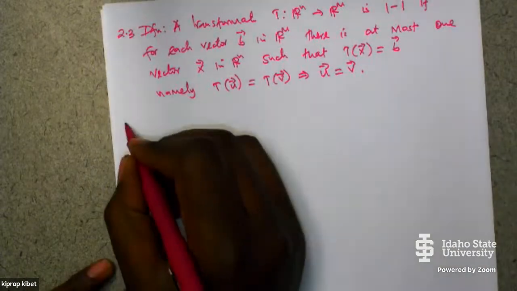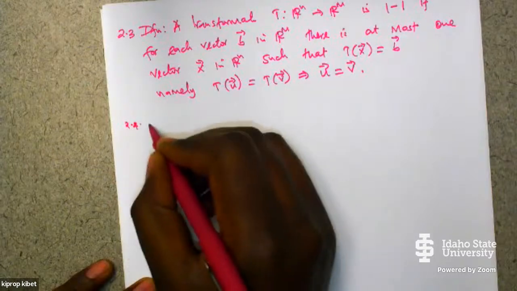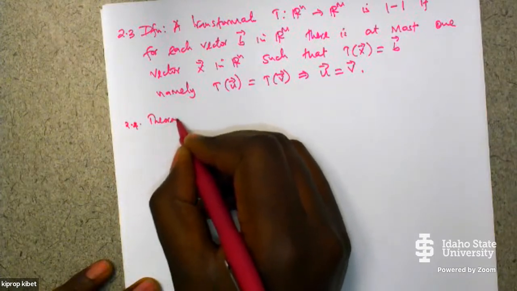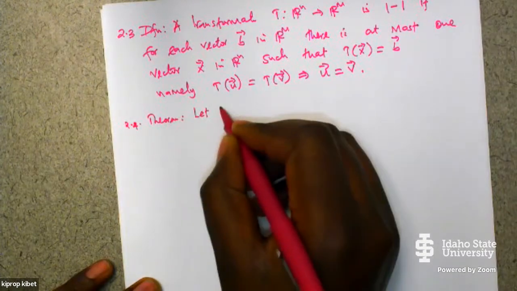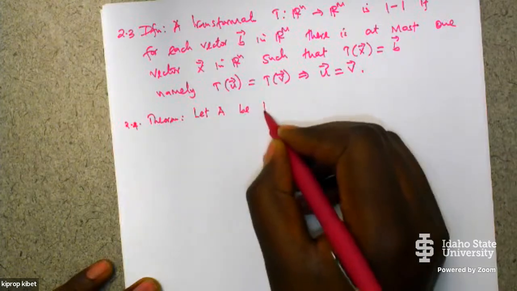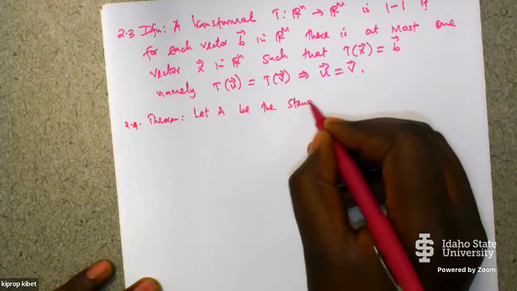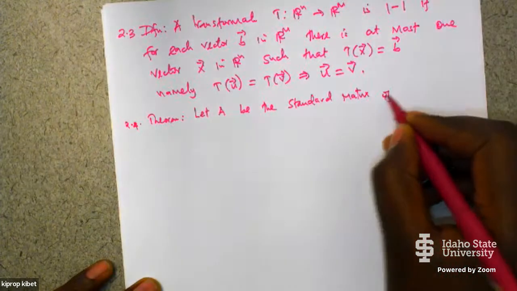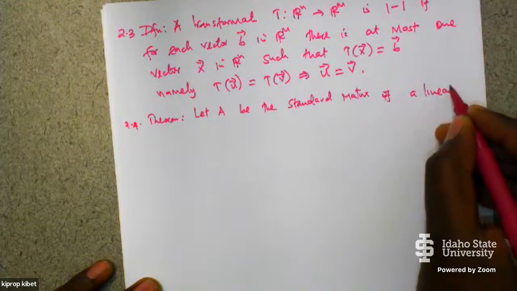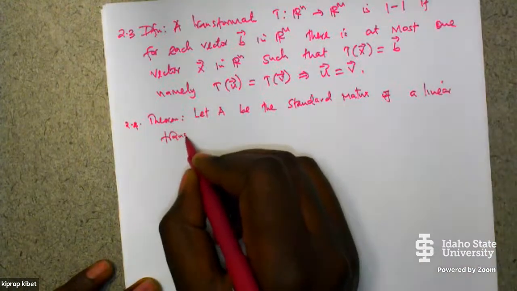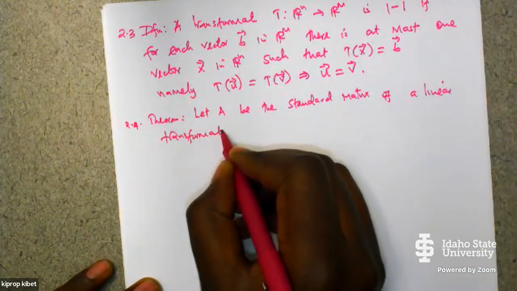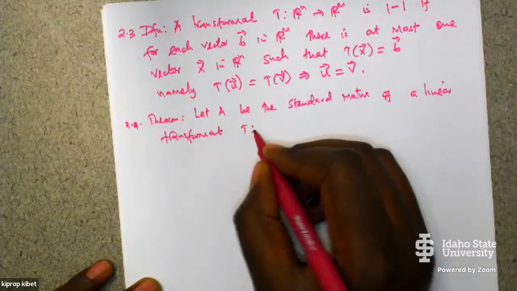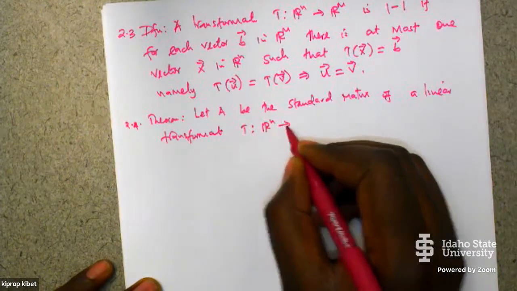Okay, let's look at Theorem 2.4. Let A be the standard matrix of a linear transformation T from Rn all the way to Rm.